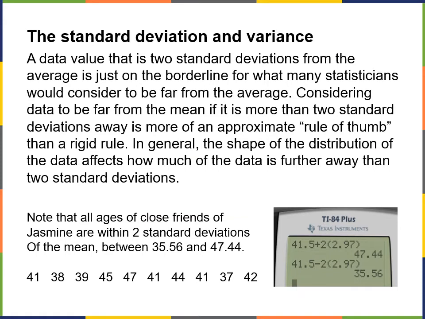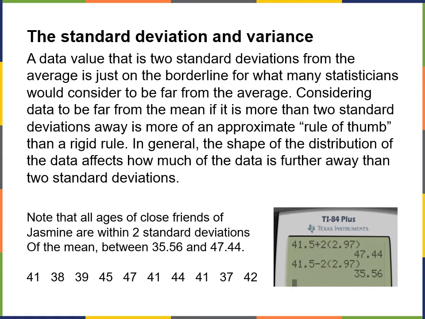So in talking more about this standard deviation and how our data values vary from the mean, a typical value that statisticians look at is a value of 2 standard deviations away from the mean, which means 2 times the standard deviation.